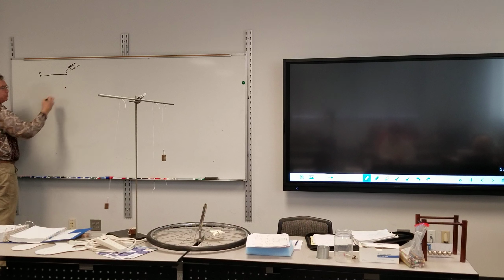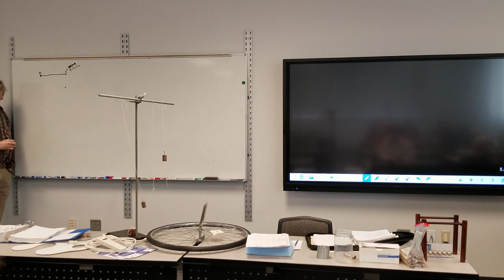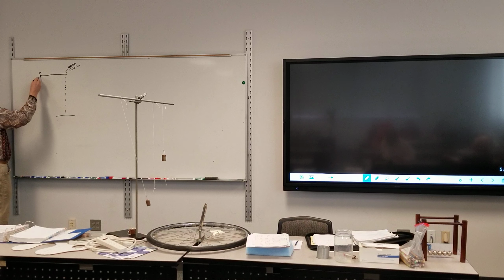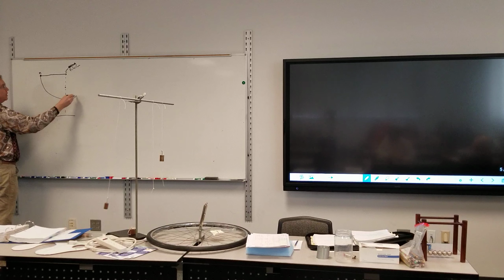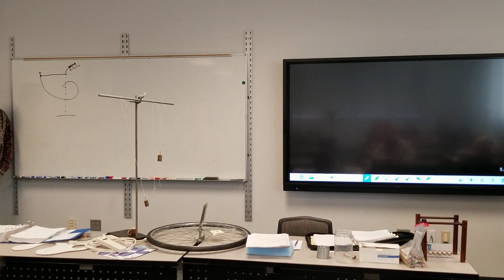Below that, I have another rod sticking down there. And when I release it, this is going to come down, swing, the string is going to hit this, and the mass is going to then come over the bar.